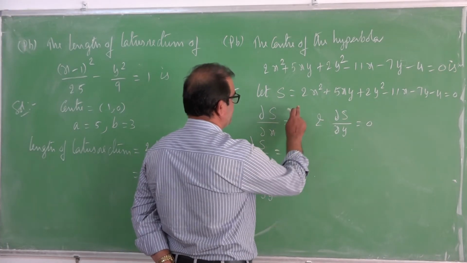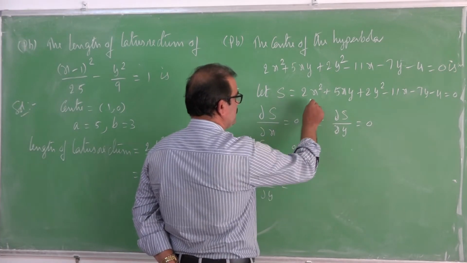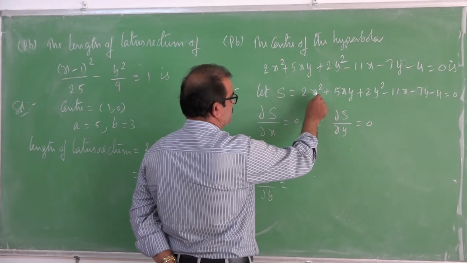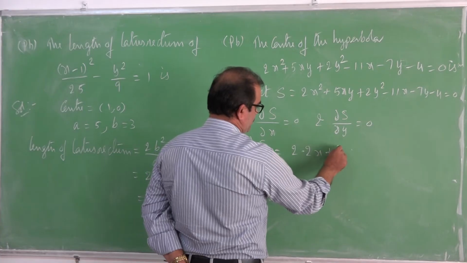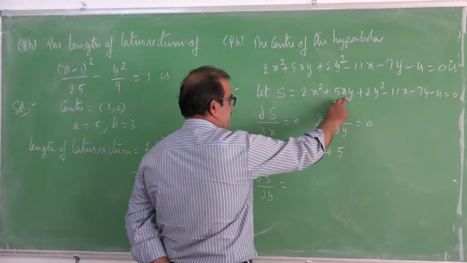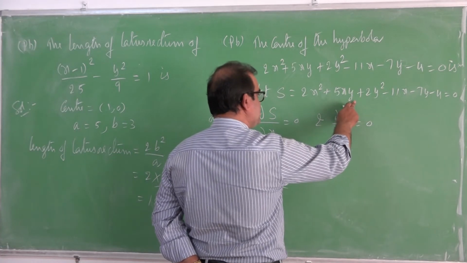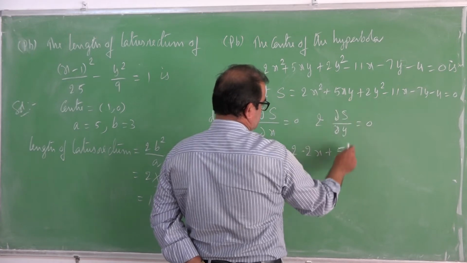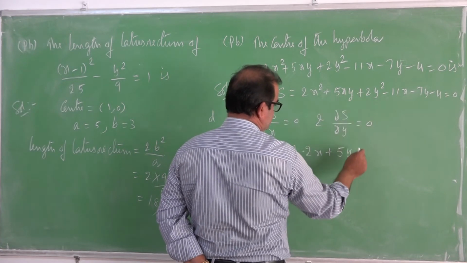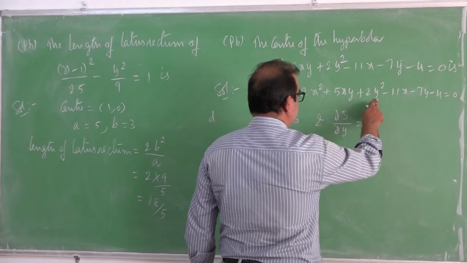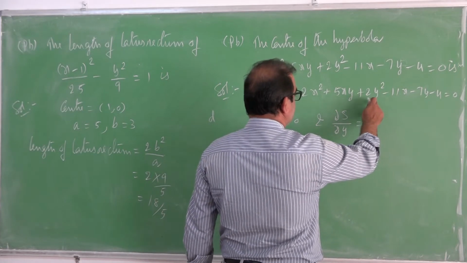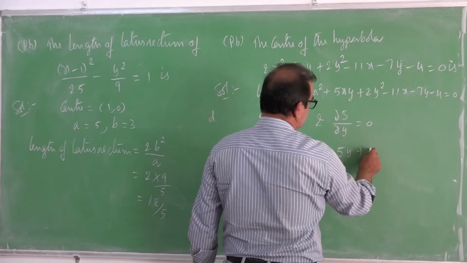Okay, dou s by dou x: 2 into derivative of x square, 2x. 5 into, here x is variable, y is constant, so 5y into derivative of x, 1. Plus, y is constant, derivative of any constant is 0.